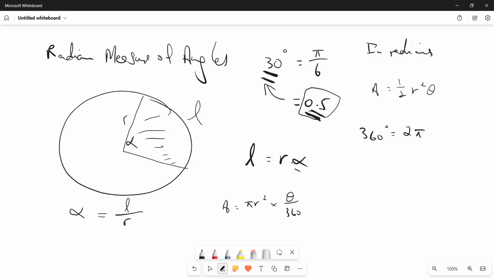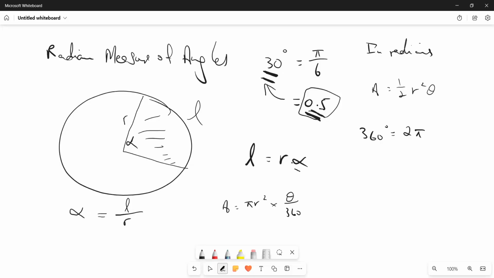Like, what's the circumference of a circle? That's when you're measuring angles in degrees. What's the circumference of a circle? Two pi radians.